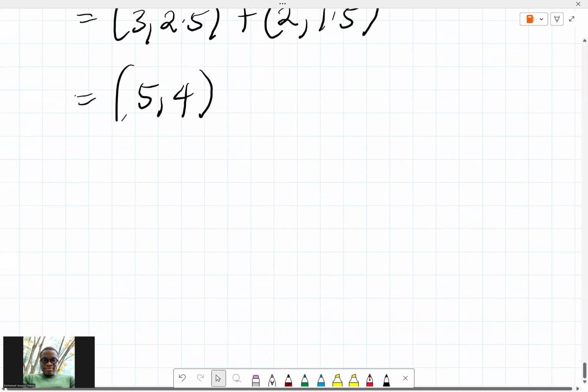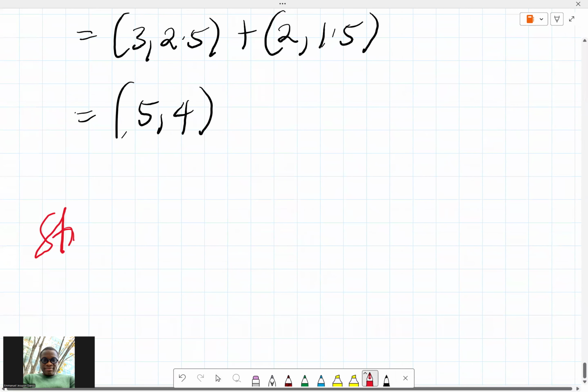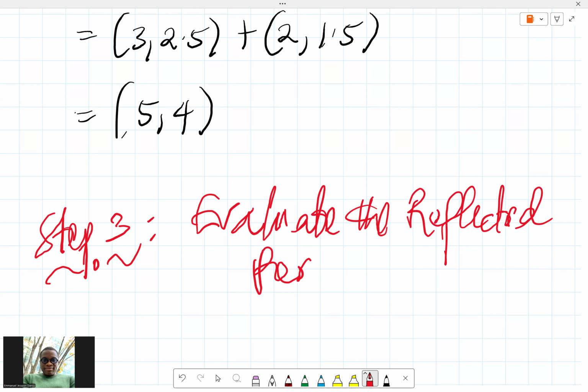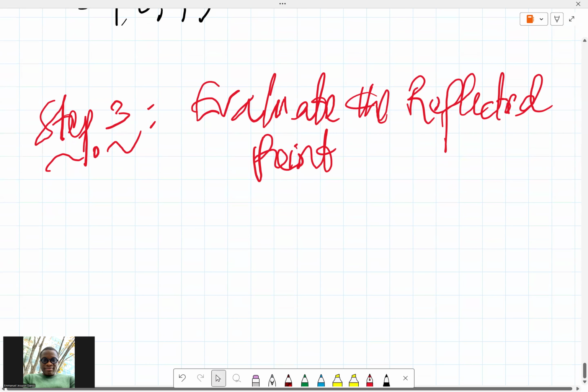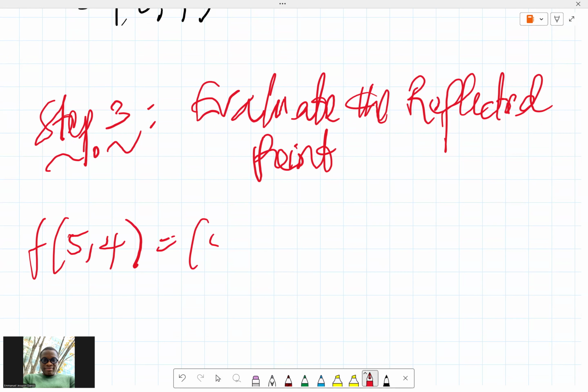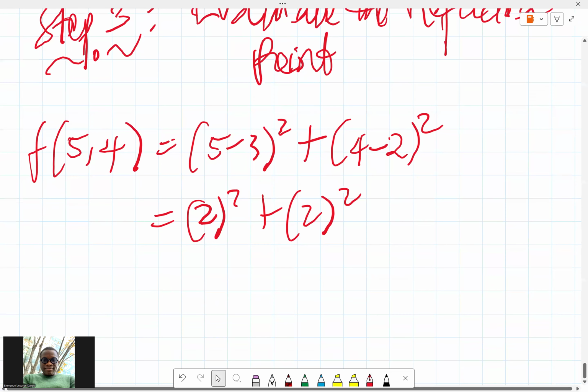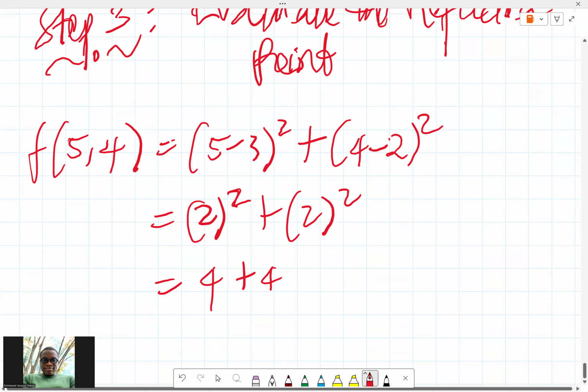That takes us to step 3. Now that we have reflected the point, we evaluate the reflected point, f of 5, 4. That means we have x minus 3 squared plus y minus 2 squared, so 5 minus 3 is 2 squared, 4 minus 2 is 2 squared, and that is 4 plus 4, which is equal to 8.